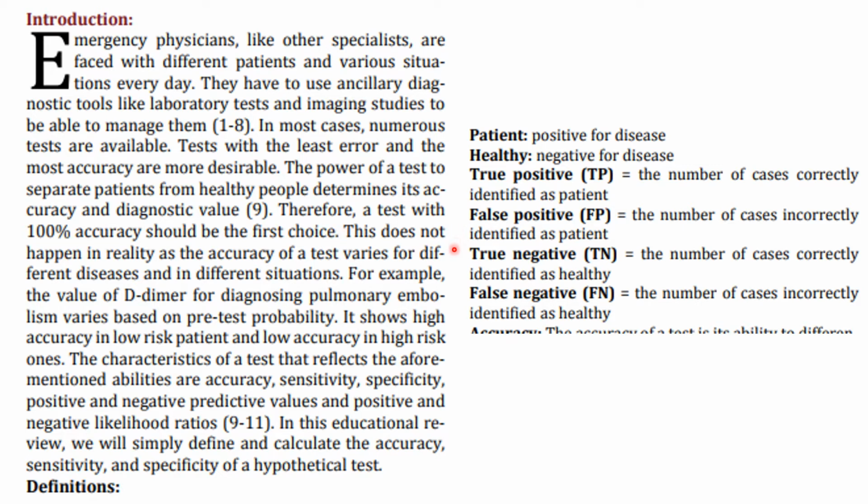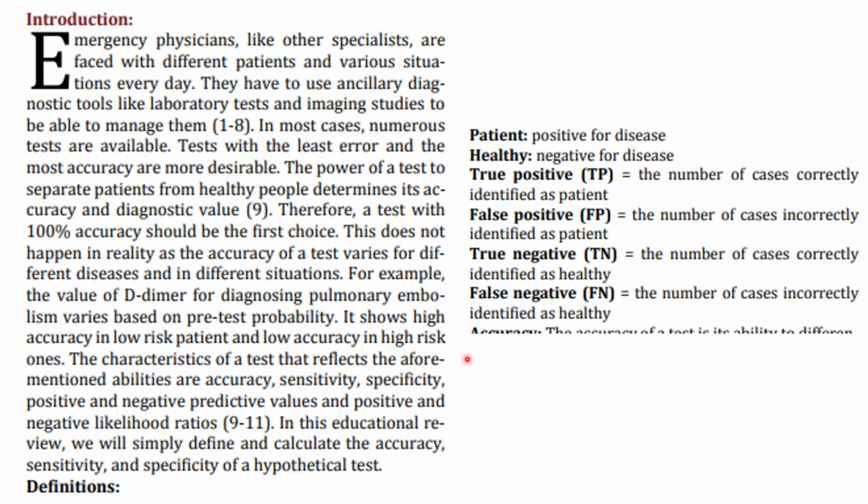Unfortunately, this does not happen in reality, as the accuracy of a test varies for different diseases and in different situations. For example, the value of a D-dimer test for diagnosing pulmonary embolism varies based on the pretest probability. It shows high accuracy in low-risk patients and low accuracy in high-risk patients.